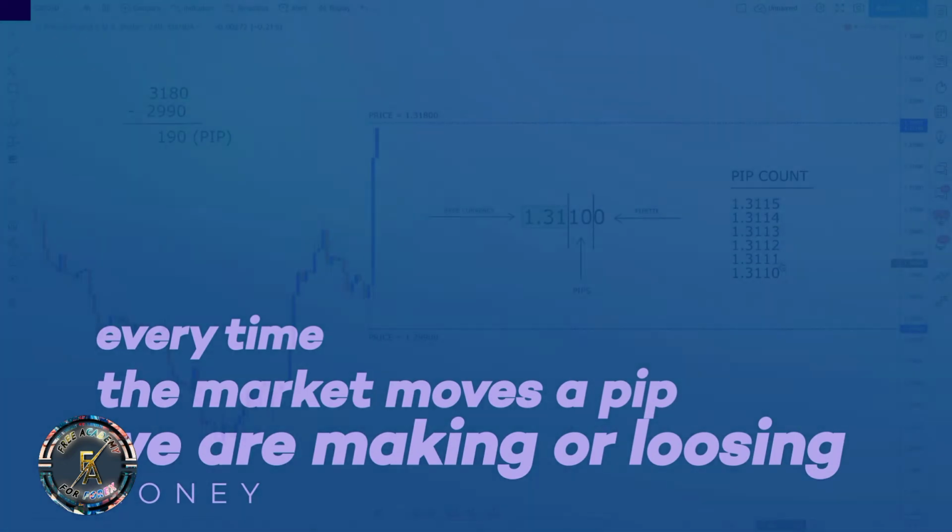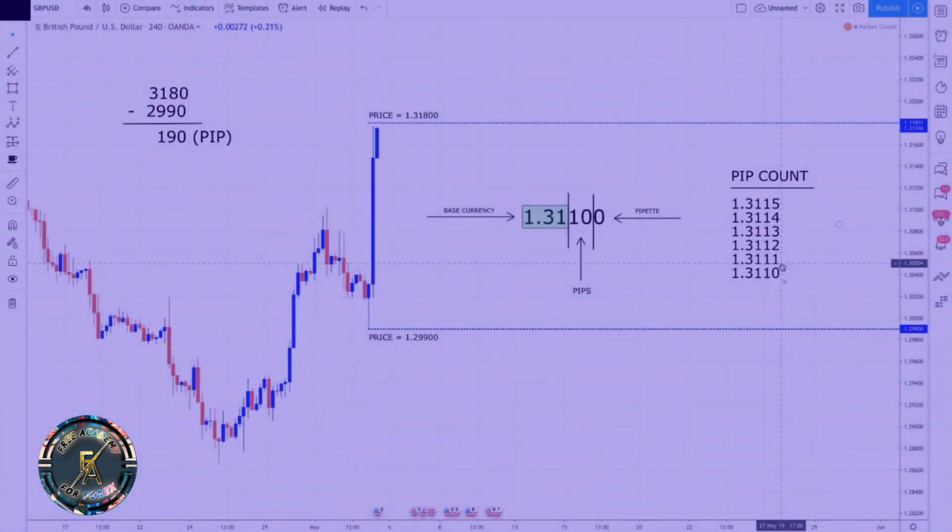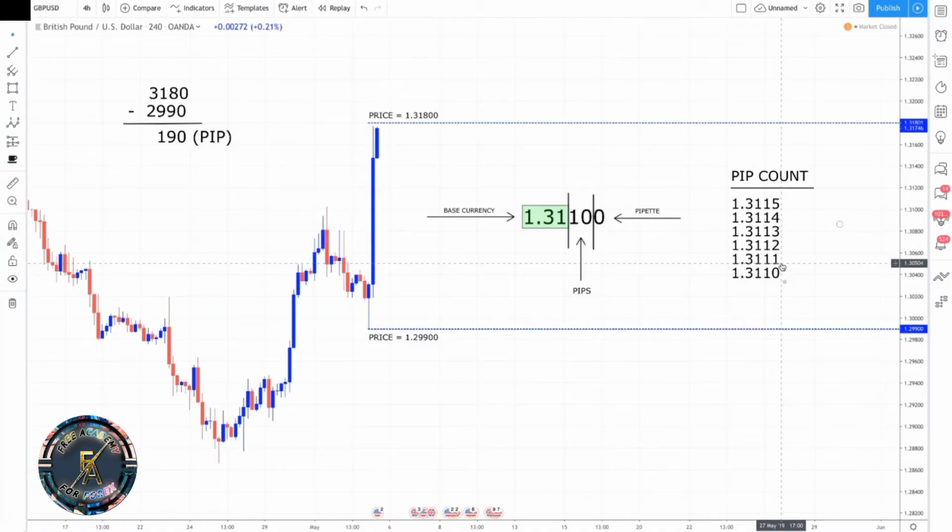As the value continues to rise, the pip count will continue to rise. So the pip count will go from 1.3111 to 1.3112, to 1.3113, to 1.3114, to 1.3115. As you see, it's continuing to rise.